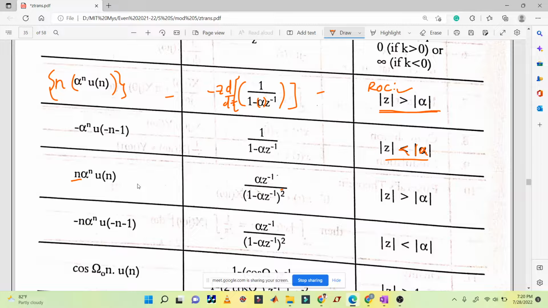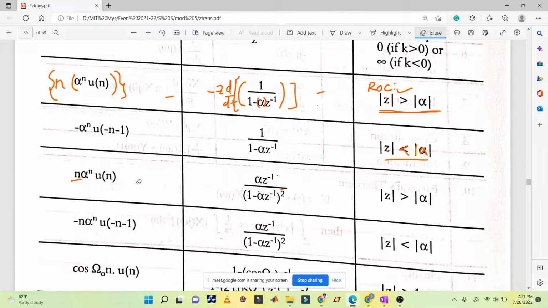Similarly, the Z transform of n into u of n can also be done. What happens if you do n into u of n? You are differentiating 1 divided by 1 minus z inverse with respect to z, multiplied by minus z.